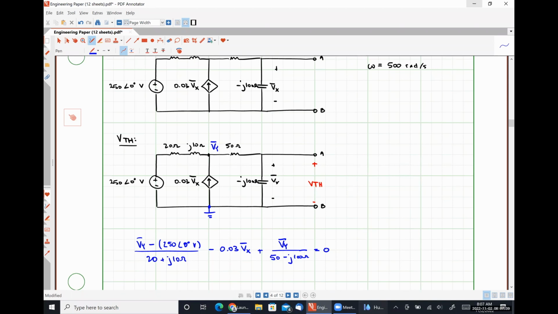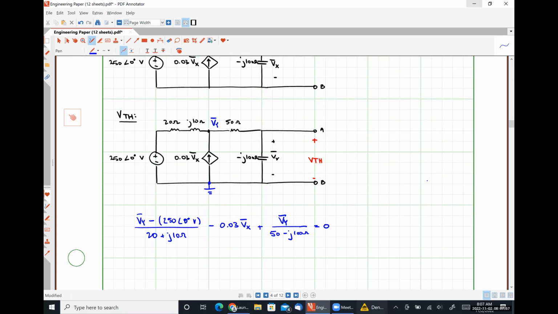So right now, I have a problem in as much as there are two unknown quantities. And so I couldn't solve this algebraically. If I wanted to, I'd have to use a computer. But there is a simple relationship between the quantities Vx and Vy that I can exploit, right?